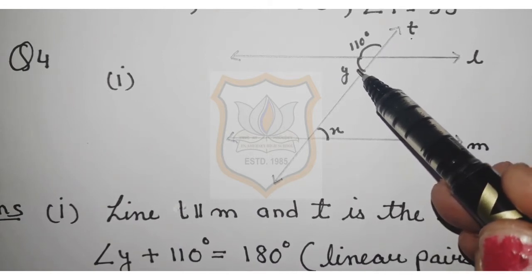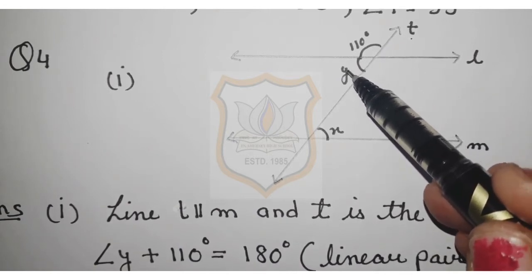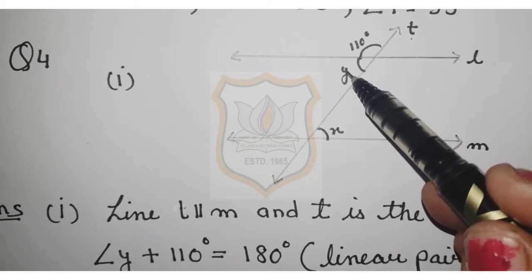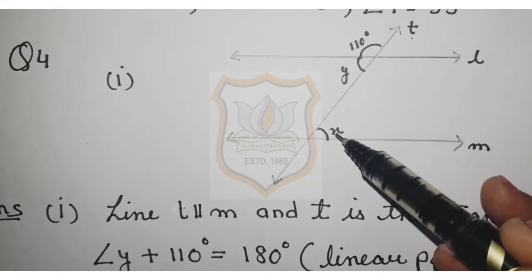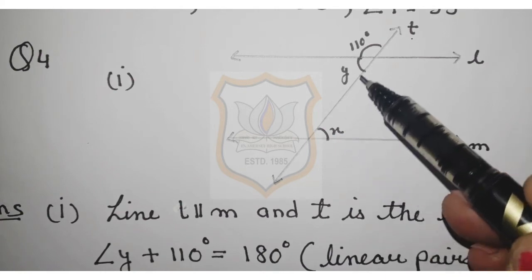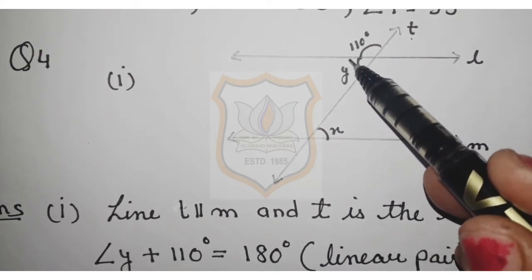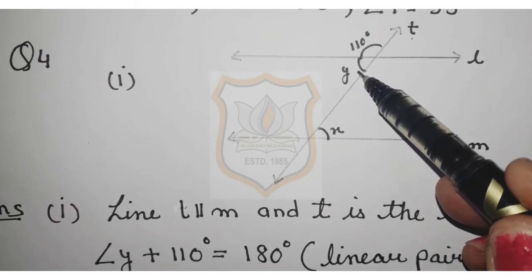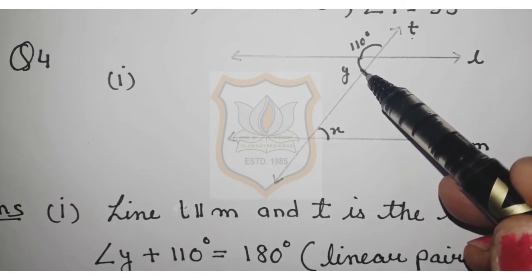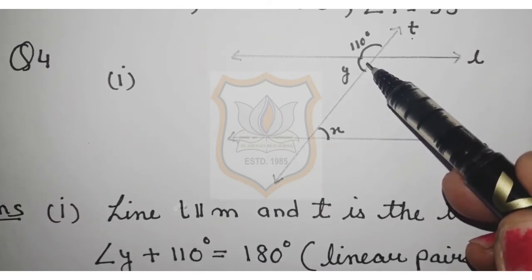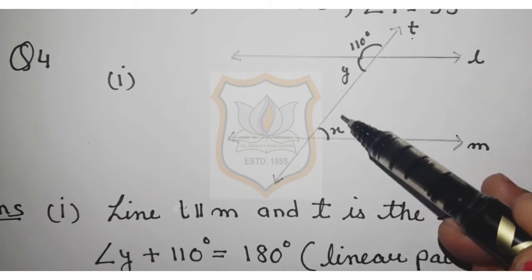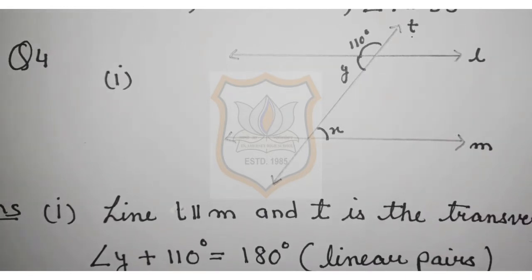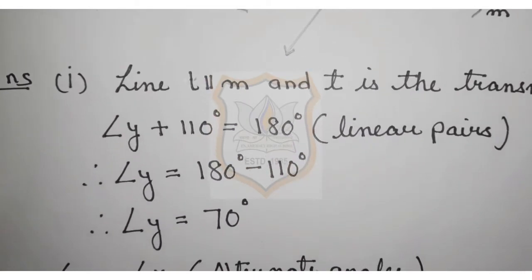Now, to solve this, we have named this angle as y, and we have to calculate the value of x. This angle and angle y add up to 180 degrees, because they are forming a linear pair. After that, we can calculate the value of x.